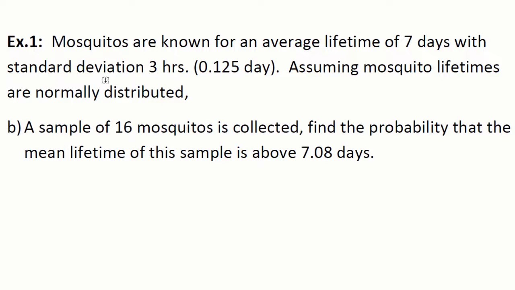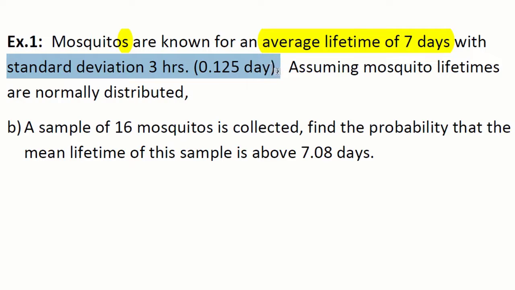Okay, now quickly reading the wording of the problem. Again, we're looking at mosquitoes known for an average lifetime of 7 days, so all this information stays the same, with standard deviation 3 hours, which is the same as 0.125 of a day. So we have a population of individual mosquito lifetimes, averaging 7 days, with standard deviation 3 hours, or 0.125 of a day.